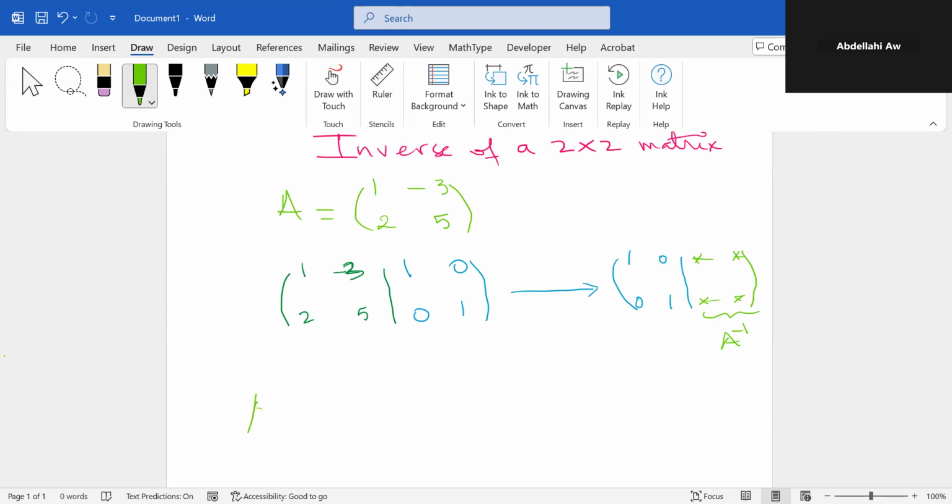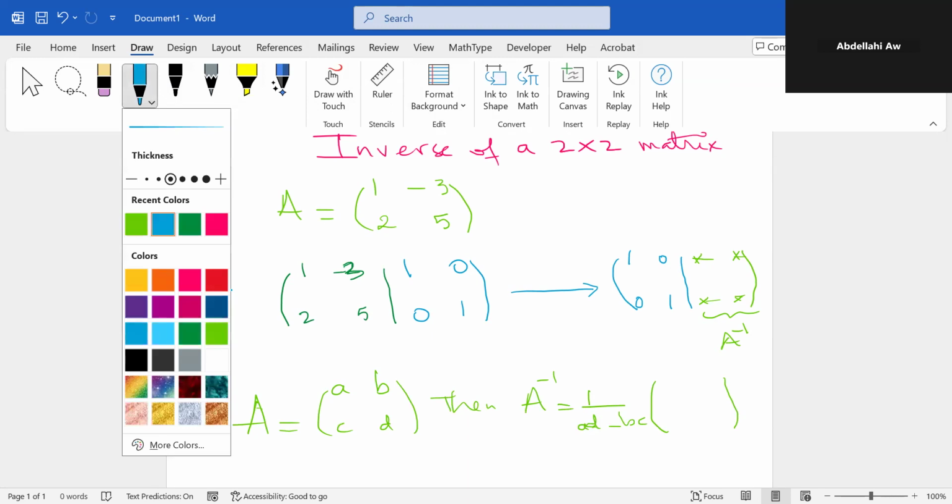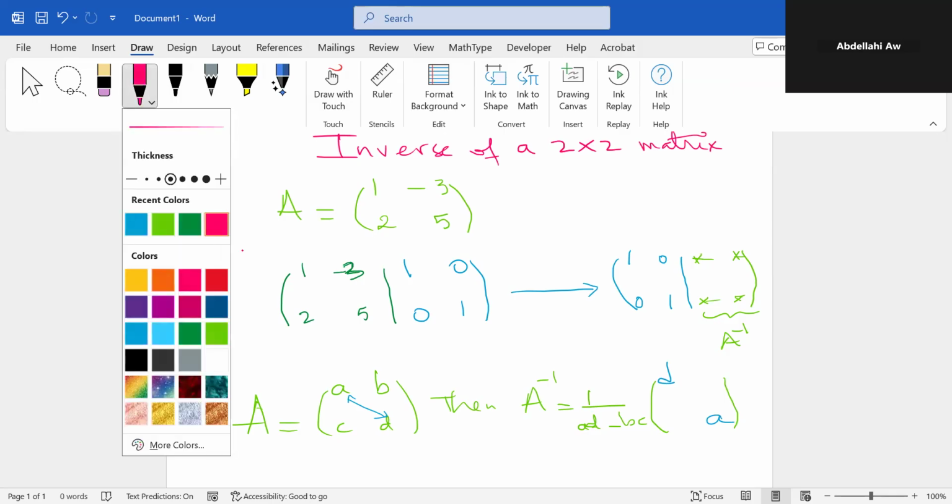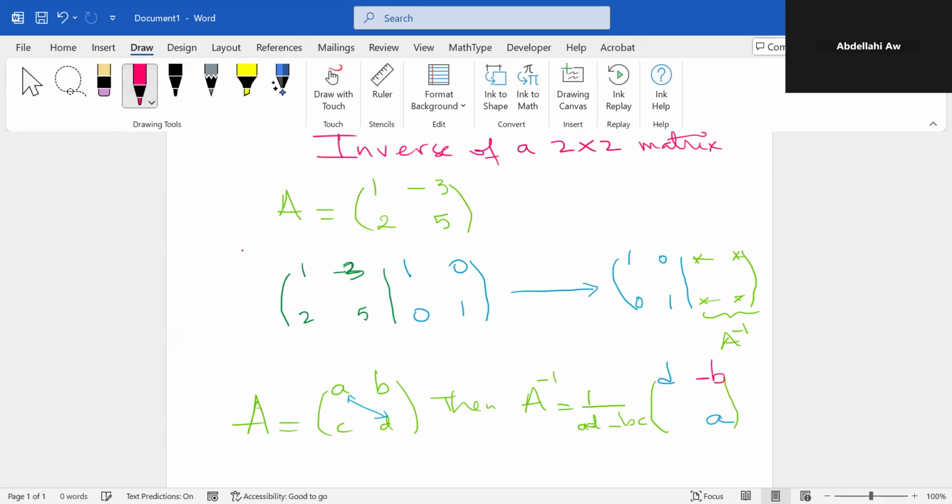It says, if A is A, B, C, D, then the inverse of A will be the matrix 1 over AD minus BC, and then on the diagonal we swap these two, which means A comes down here, D goes up here, and the other two, the anti-diagonal, we change to the opposites without swapping them.